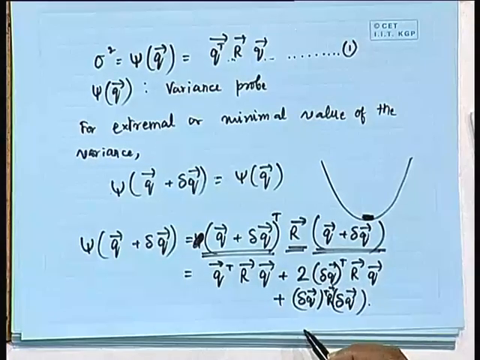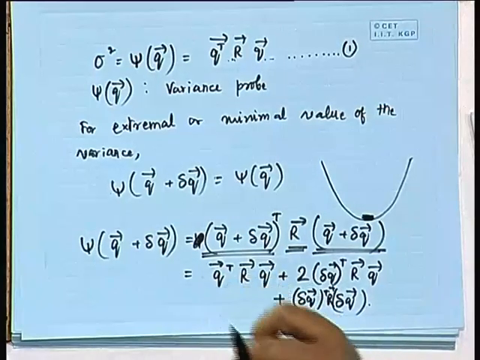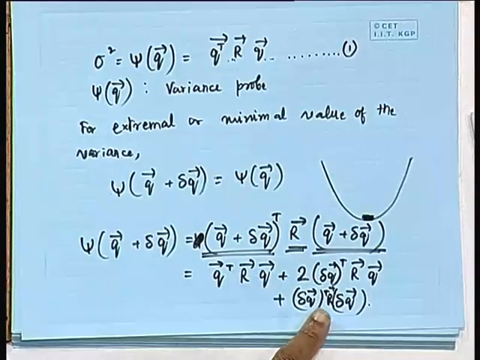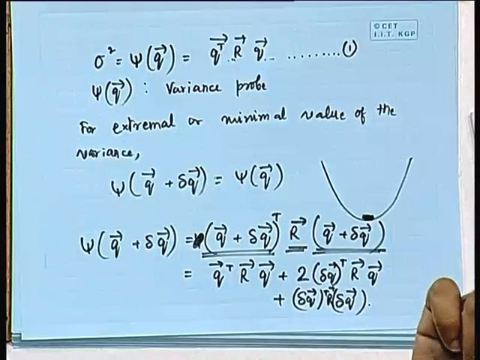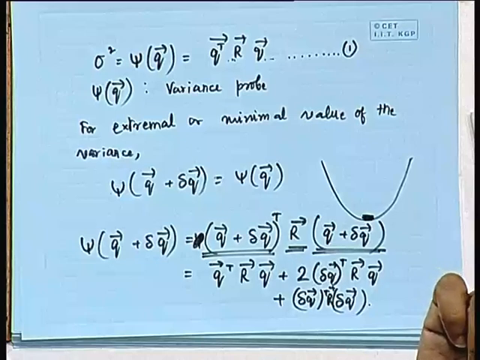Now out of these 3 terms, the last one, that is delta q transpose r delta q, is not of significance. Why? Because delta q is a small perturbation that we have assumed, right.